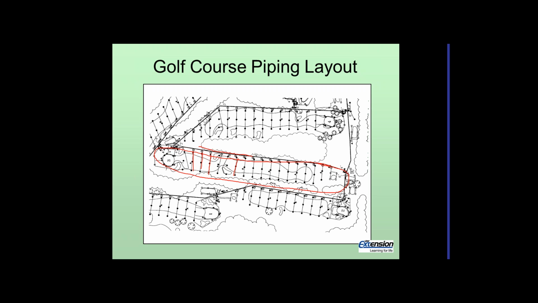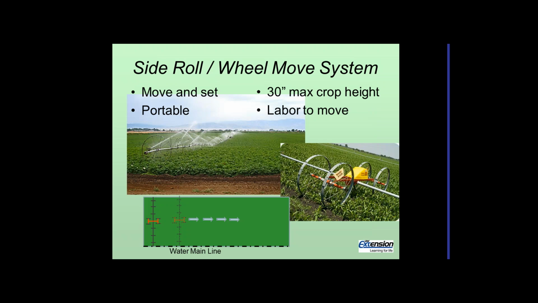One of the unique things of golf courses is we never have all these going at once, and we could have any number of them going at once. So they typically will have a much more complicated pumping system because it has to be able to accommodate different capacities based on the number of nozzles that are being used.